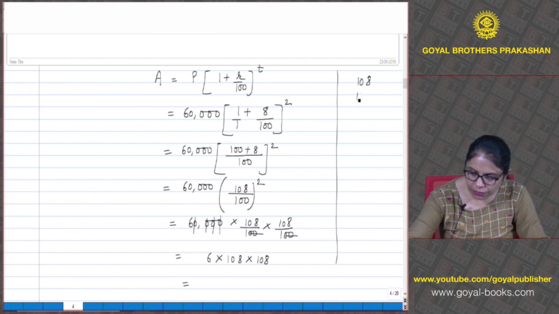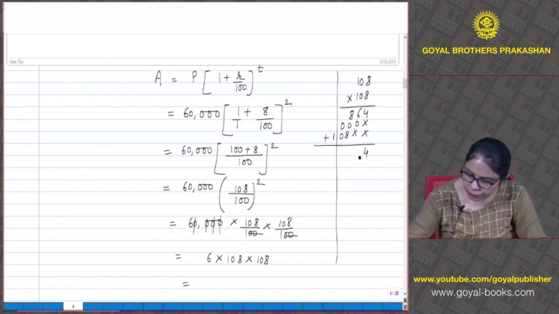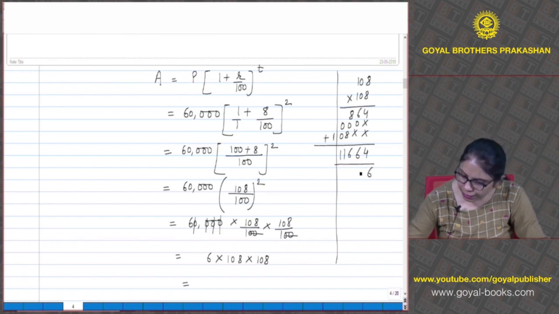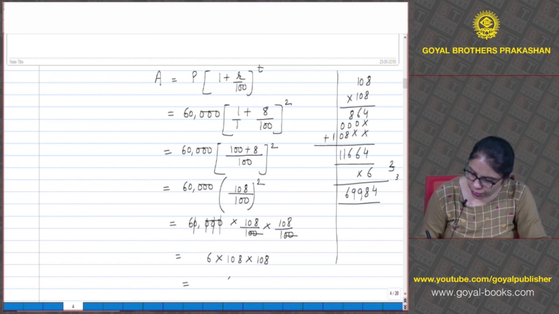We will calculate 108 into 108, and then multiply it by 6. What do we get? We get 69,984. This is our amount.